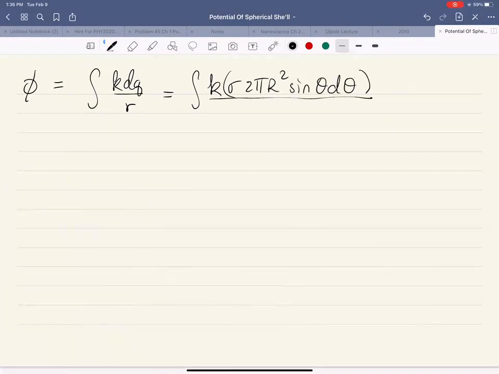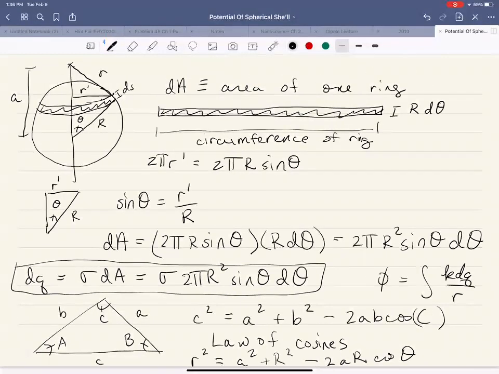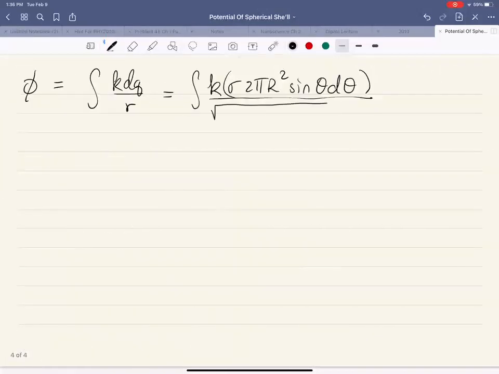And then I'm going to plug in little r here, and little r, as we saw here, was the square root of a squared plus big R squared minus 2aR cosine theta. Okay. So in physics speak, we have reduced this to quadratures, as they say. We've got it in terms of an integral, and now we just need to solve for that integral.